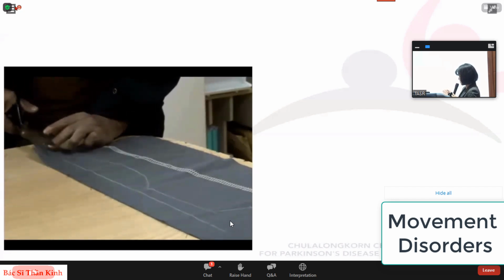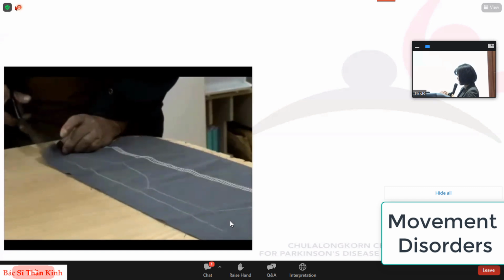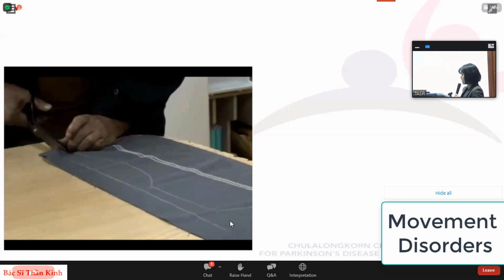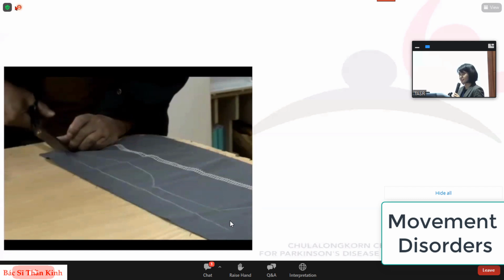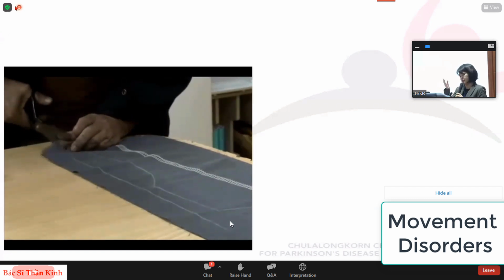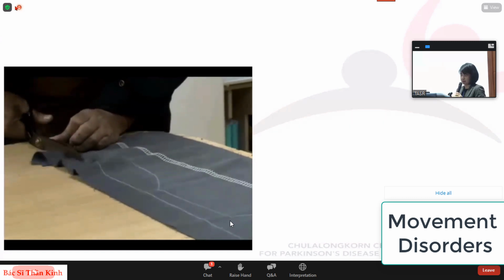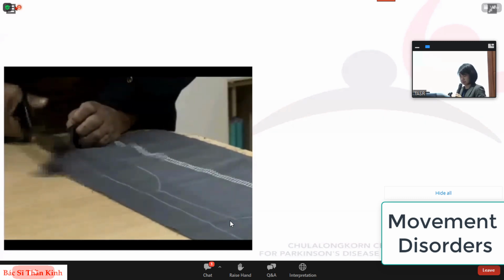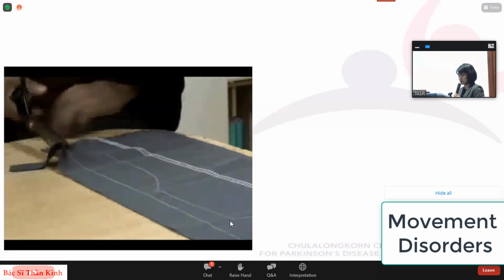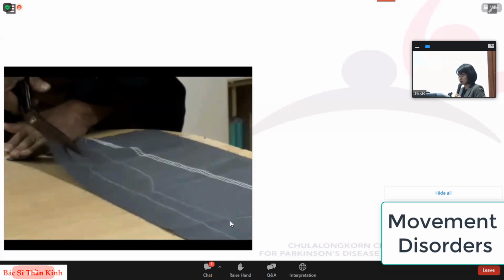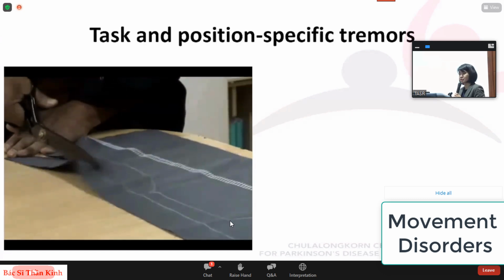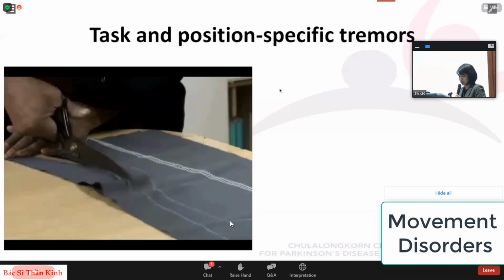As you will see, he has a rhythmic oscillation of his hand when he uses the scissors. But in another test, he can perform it perfectly. And this is task-specific tremor, which has several forms depending on the situation.